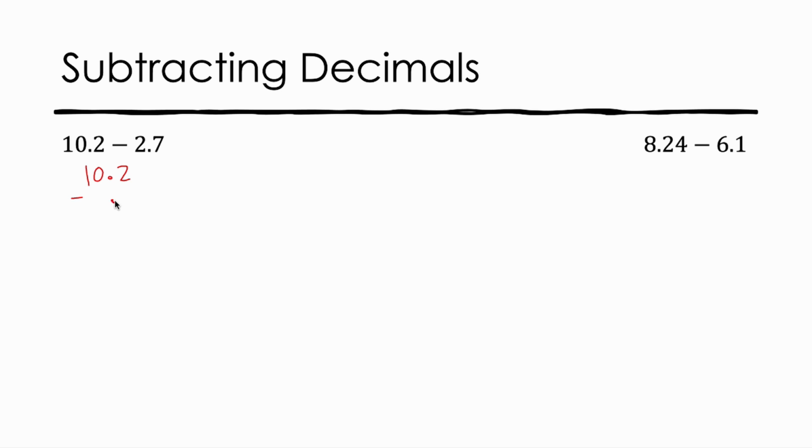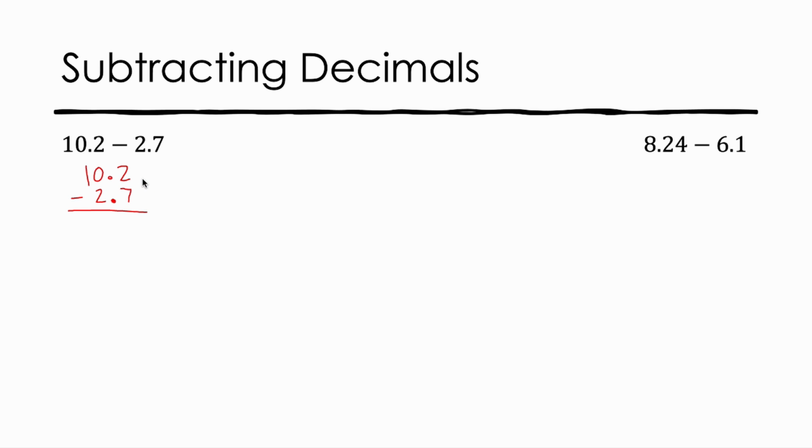So we put the decimal point right here and put our digits in now. So 2 is in the ones place, and the 0 is in the ones place as well. So we put the 2 underneath 0, and 7 is in the tenths place, so we put it under 2. And there we have it aligned.